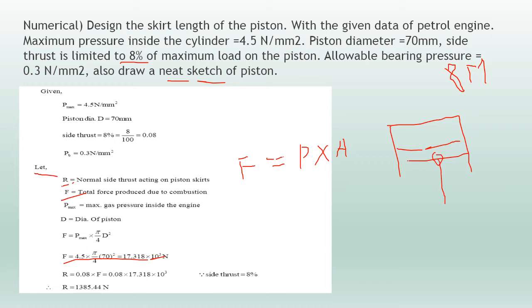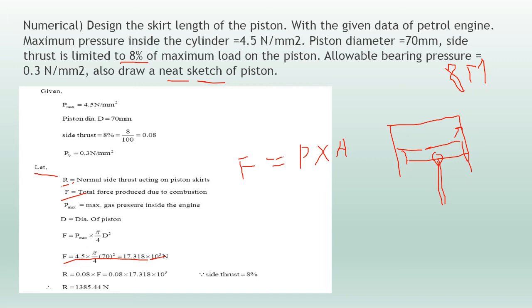Whenever your piston moves in the upward movement, it will force your piston against the cylinder liner as well as the cylinder walls, so it will create the side thrust.